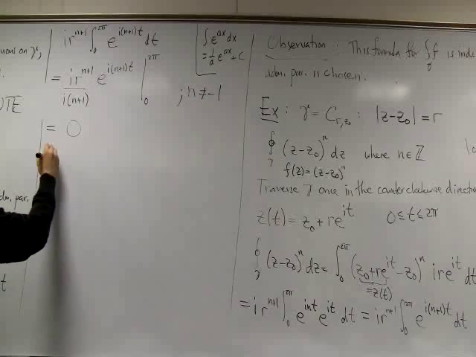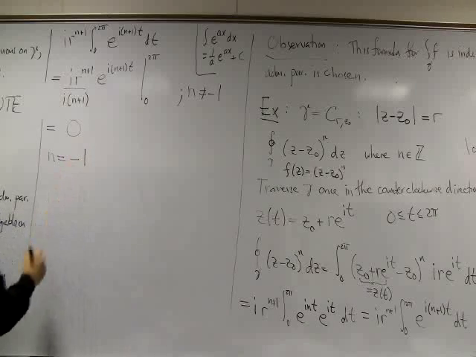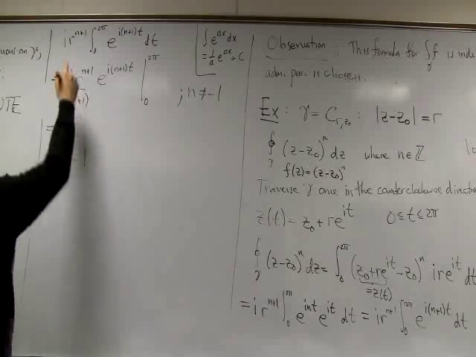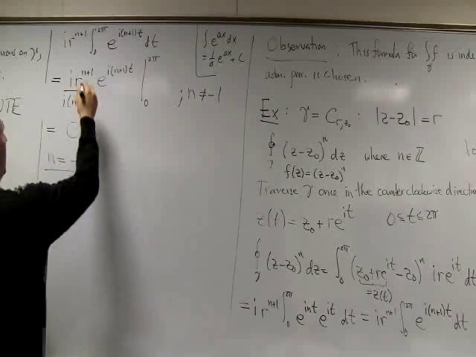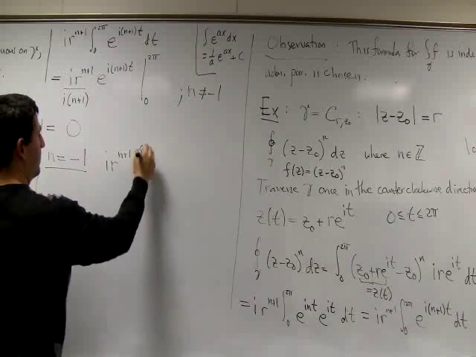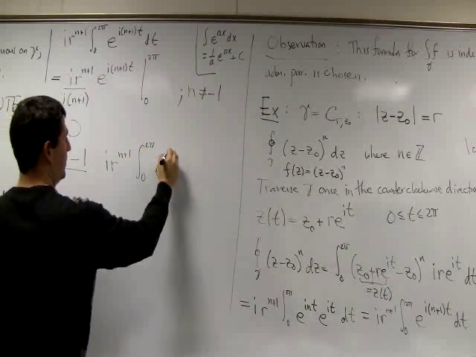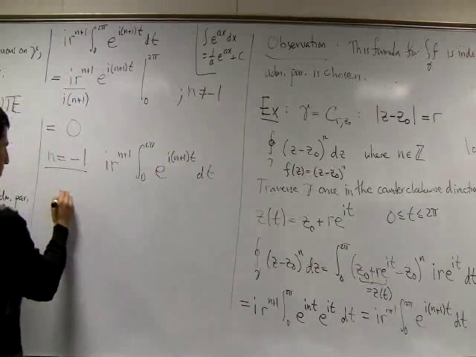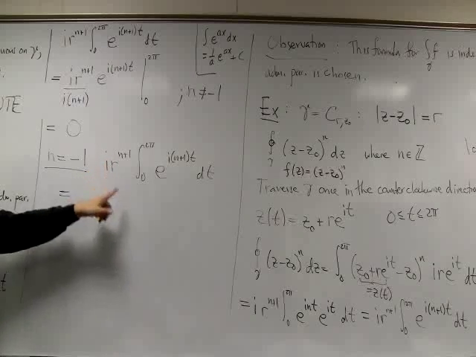Okay, so what about when n equals minus 1? Then, that's the log function. Well, let's see. When n equals minus 1, i r to the n plus 1 integral 0 to 2 pi e to the i(n+1)t dt equals, well, n is minus 1.